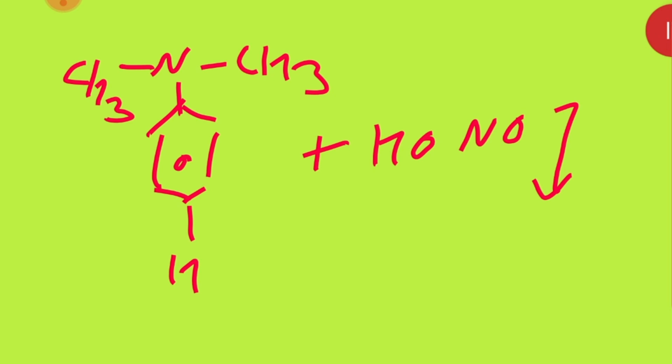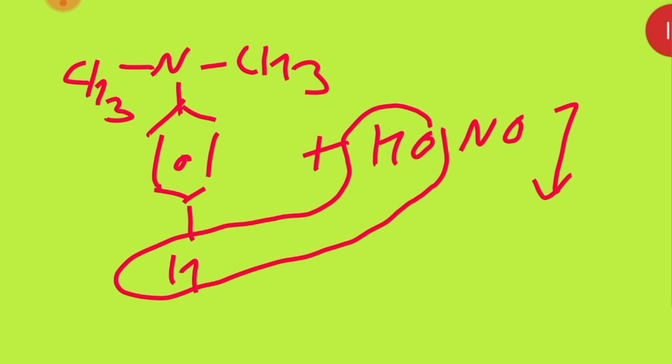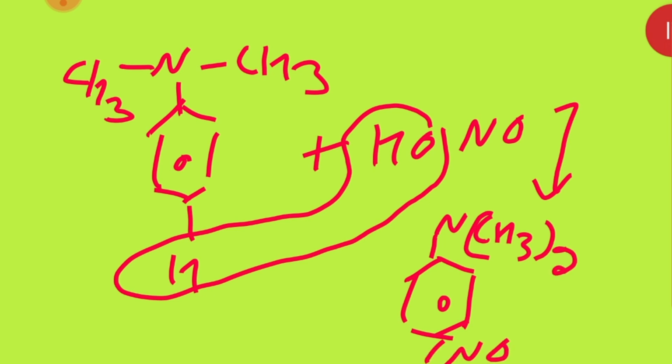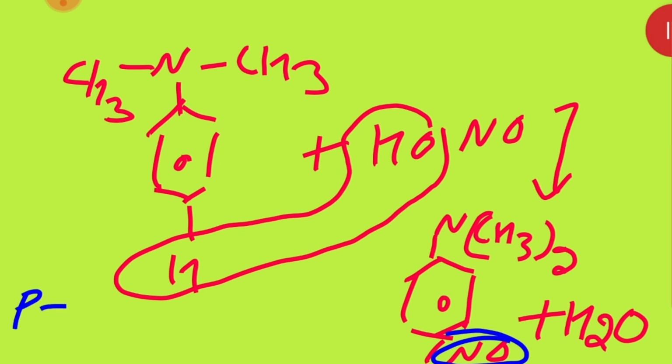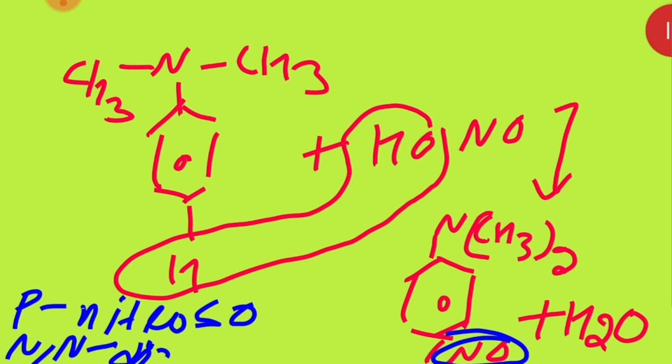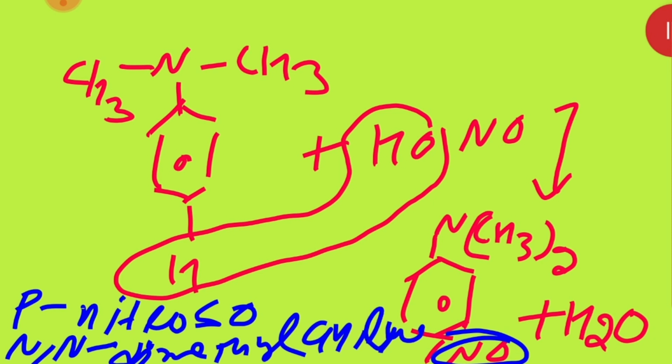Okay, and this will go at the para position, means water will be removed from there, then the product will be N(CH3)2 NO plus H2O, and this is known as para nitroso N,N dimethyl aniline. Clear? This is the product.